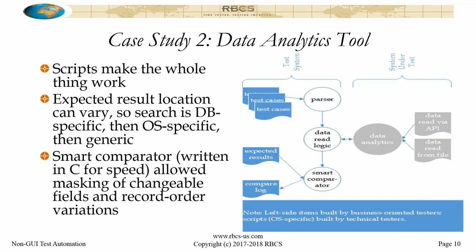So the tool had test cases that were defined, and these were in individual files, and then they were grouped together in test suites. And there was a certain logic to the way that the directory structure was set up, so that you could kind of figure out where the test was and what it ran against.